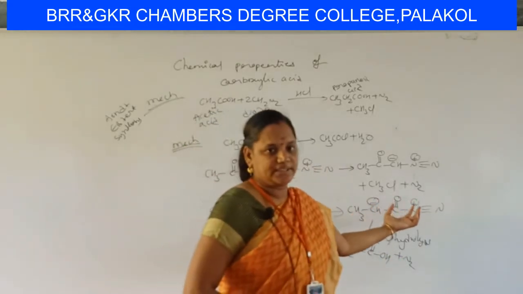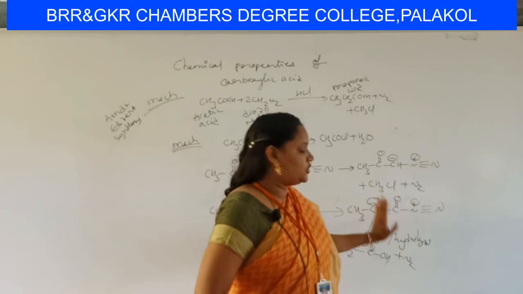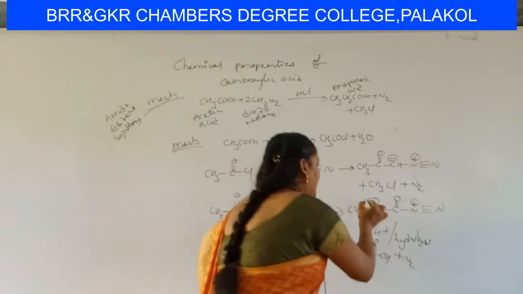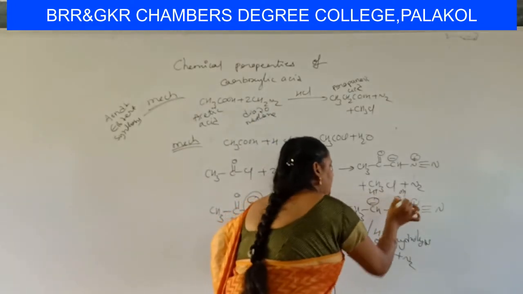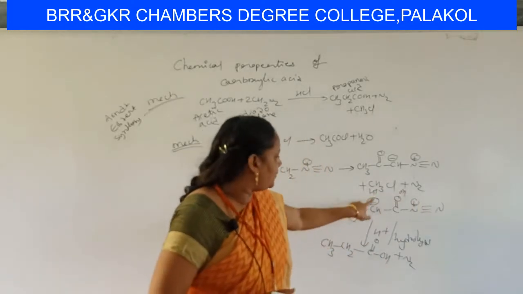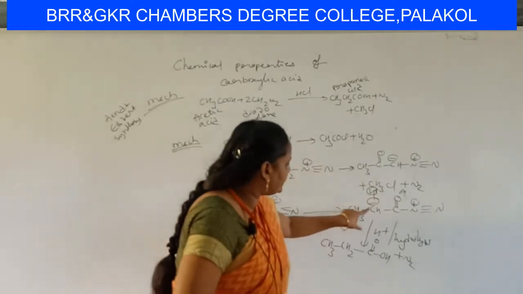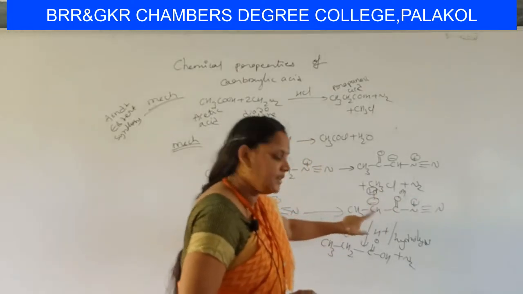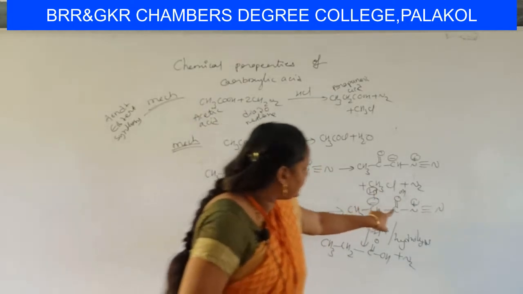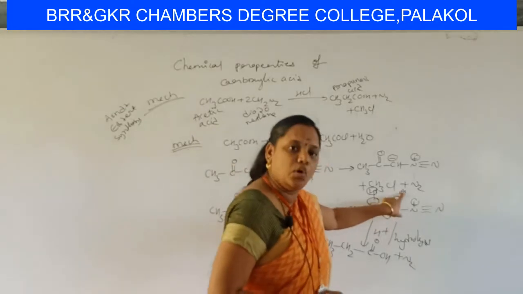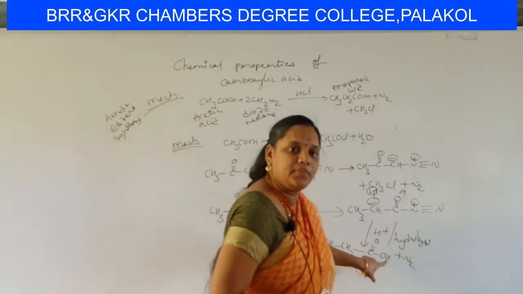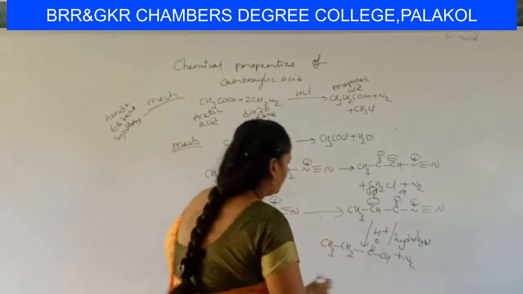Did you understand this point, students? We are doing hydrolysis here. So we are having a proton here and OH here. So if I add a proton here, what happens? CH3CH will become CH3CH2 and to C=O I am adding OH. So it will become C(=O)OH.